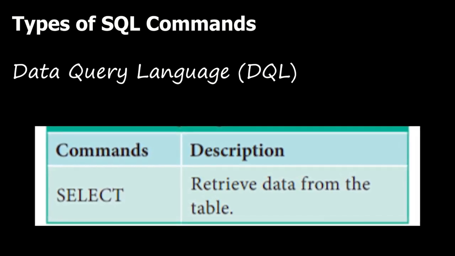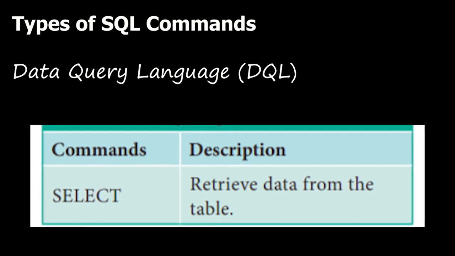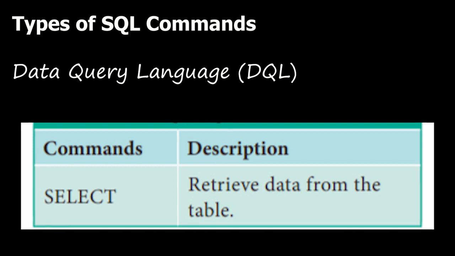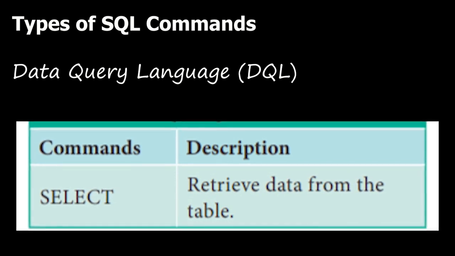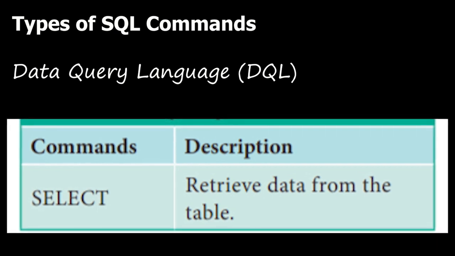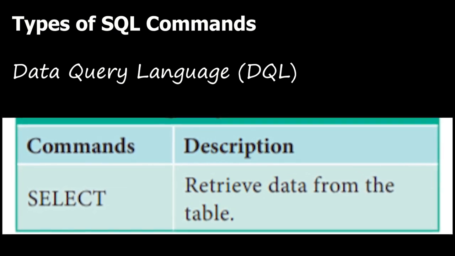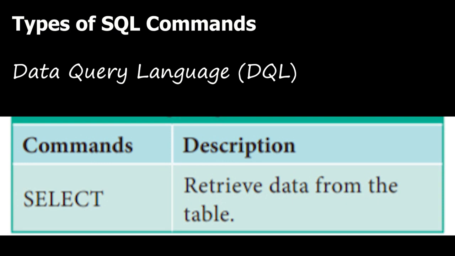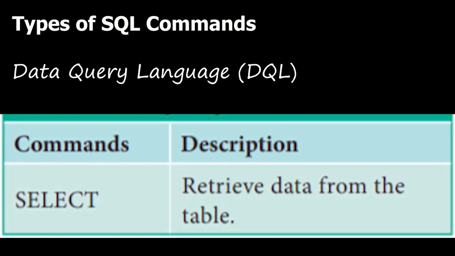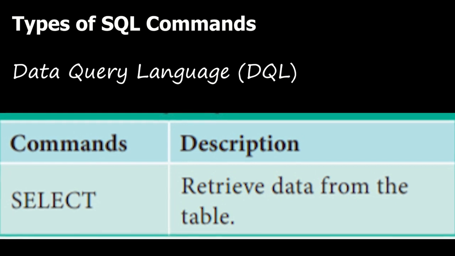That is the select command. Query means if you have a doubt in one question, you take that question to your teacher, right? Likewise, data query means we'll select the data which you need. So this query language will have the select command only.